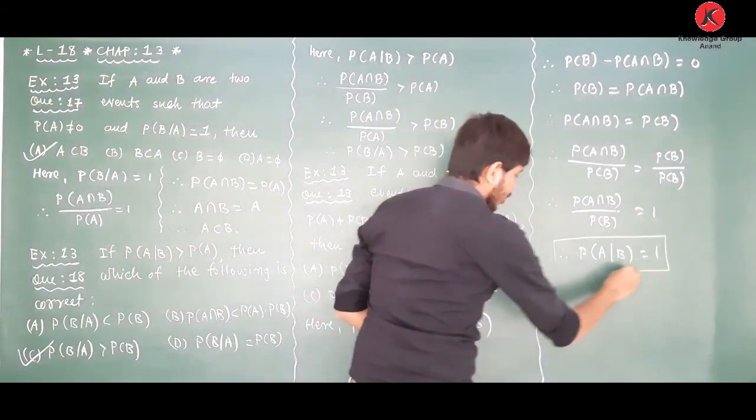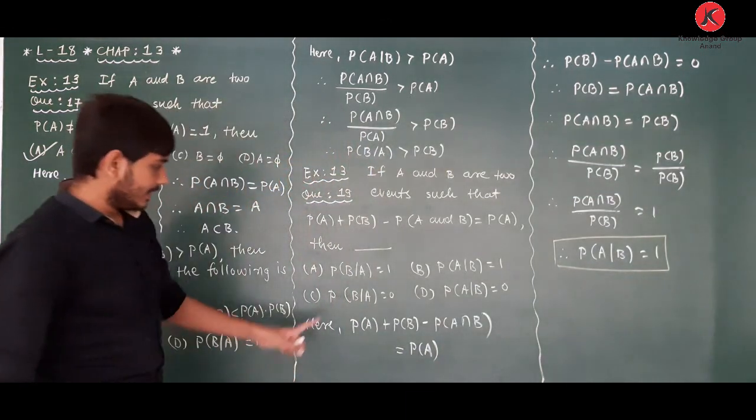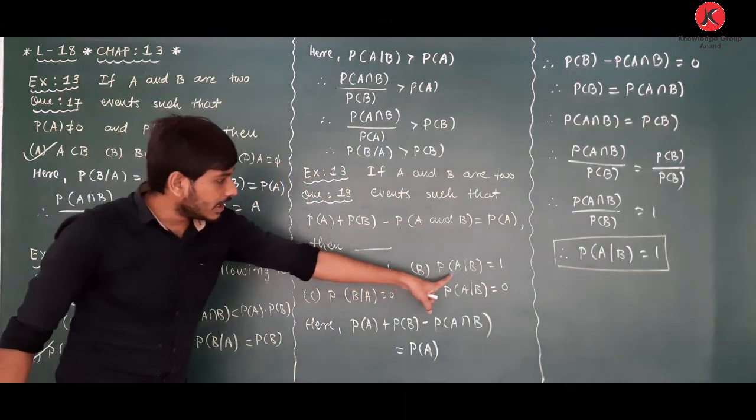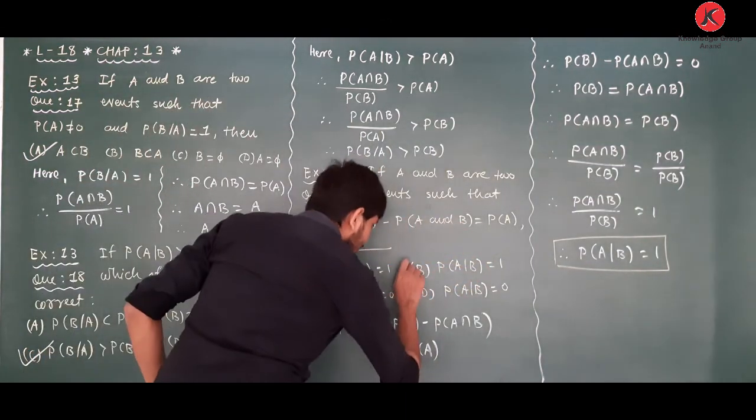Therefore your correct answer is probability of A given B equals 1.